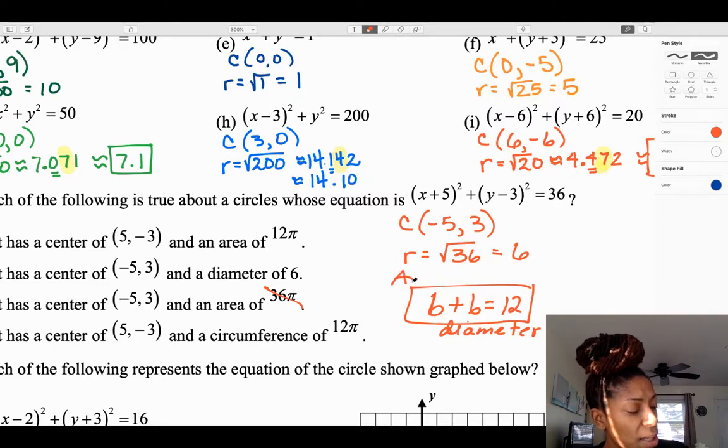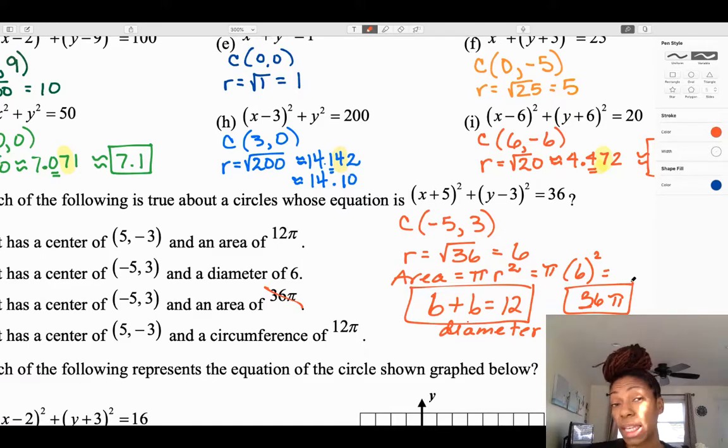The area is pi r squared. And that will give us pi times 6 squared, which is 36 pi. So if the radius is 6, then the area is 36 pi. That's why we have to read, children.